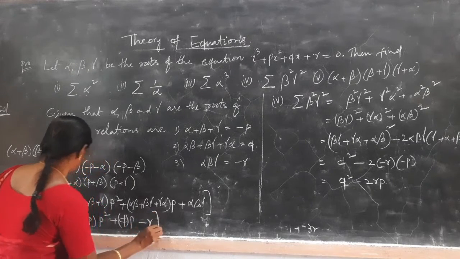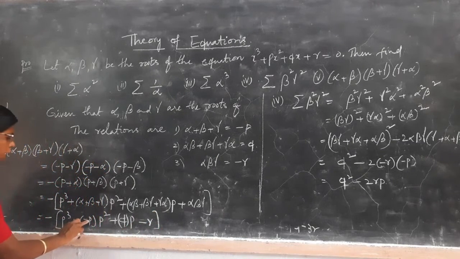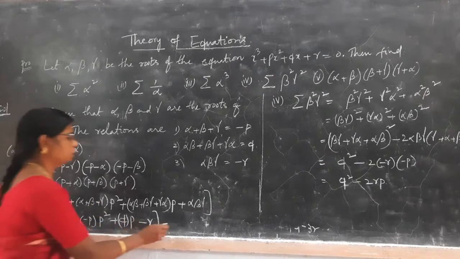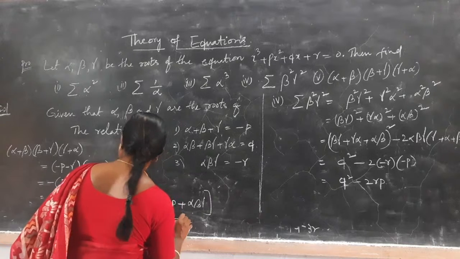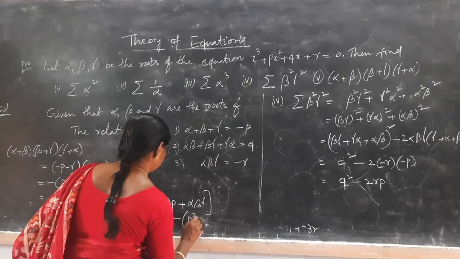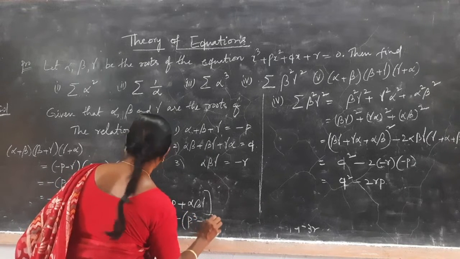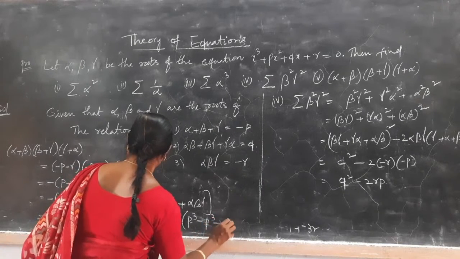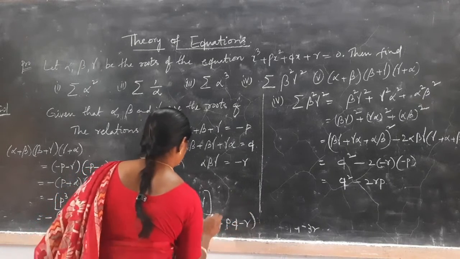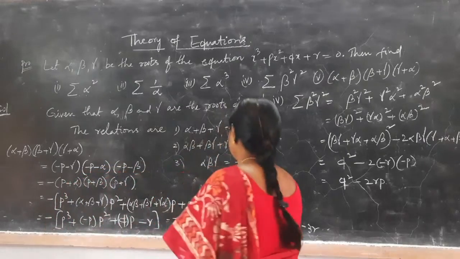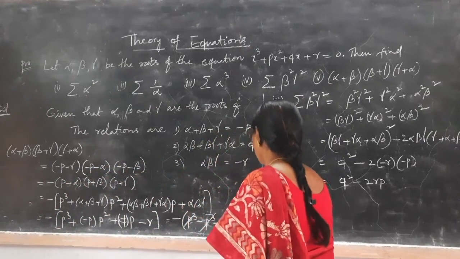Okay, here p cube and minus p into p square, minus p cube, will get cancelled. So I write here: minus p cube minus p cube plus p cube minus r. These two cancel. Next, bringing the minus inside, we get r minus p cube.